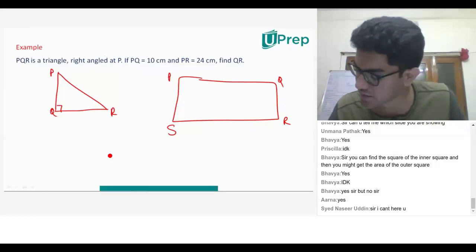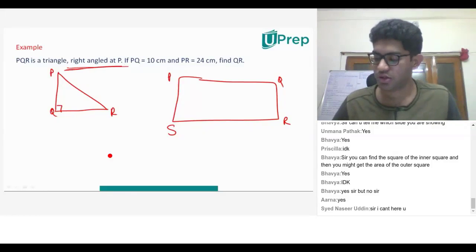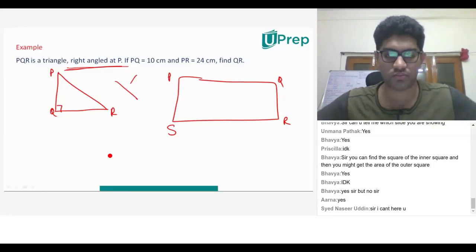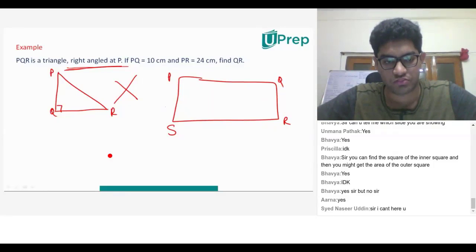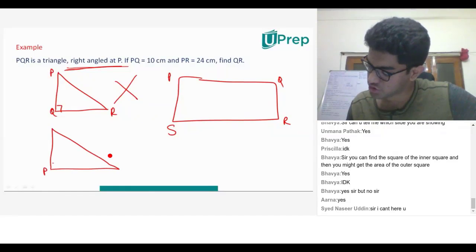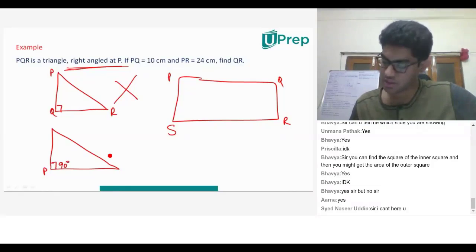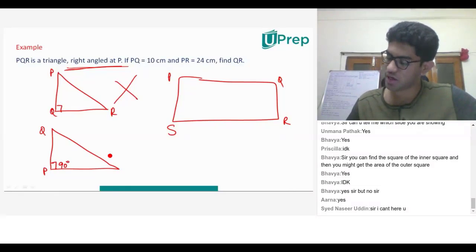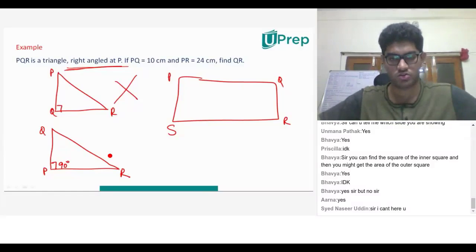It is right angled at P. That means my diagram is wrong. Correct? So at 90-degree angle, it should come at P. So what is he saying? PQR is a triangle. This should be 90 degrees, both wrong. So you either put Q and R over here or the reverse, it does not matter.